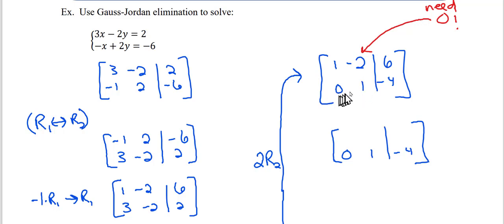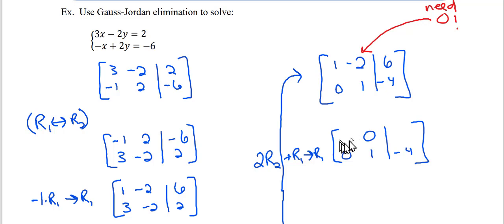So I'm going to do 2 times row 2 plus row 1 and put it in row 1. What happens when you do that, in this column at least, we'll work on the first column as well, but you get 2 times row 2 would be 2 plus -2. 2 plus -2 is 0. You're going to get a 0 in that spot.